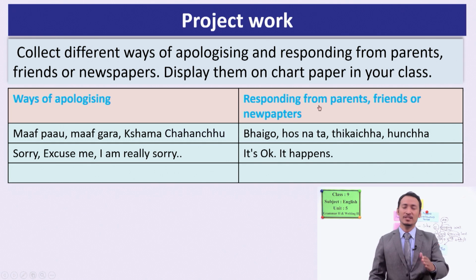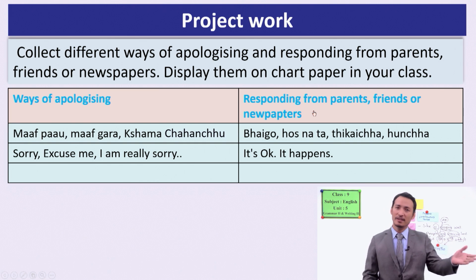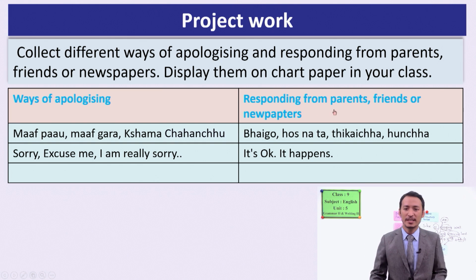And for responses, how do people respond? How do people react to the expression of apology? Let me show you. In Nepali, we mostly say bhaigayo, hos na ta, thik chha, okay, huncha. In English, we say no problem, it's okay, it happens.